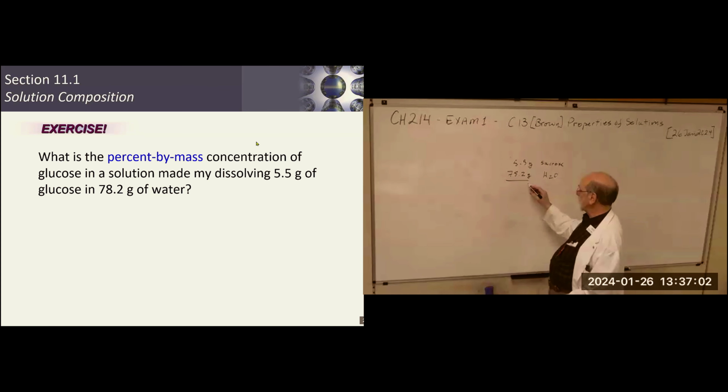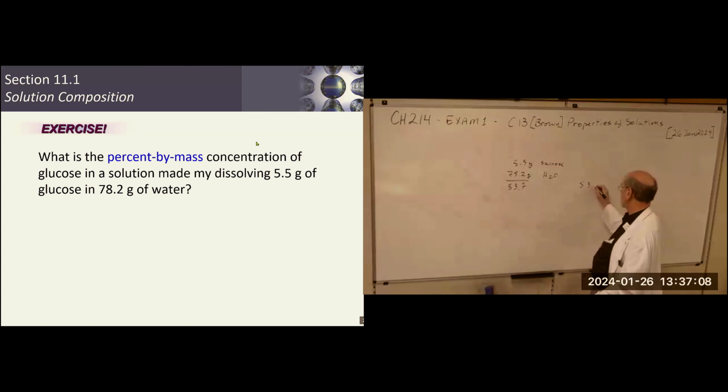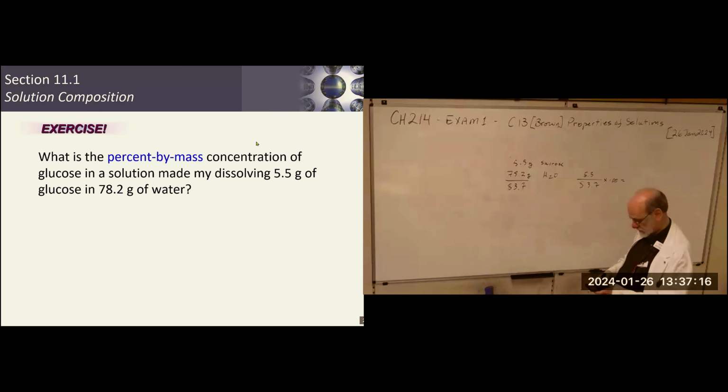So we have to add those together to get the denominator. 83.7. Now we can put the solute here times 100 and find out what our value should be. This is one I don't understand as much. I'm getting it now. 6.6%.